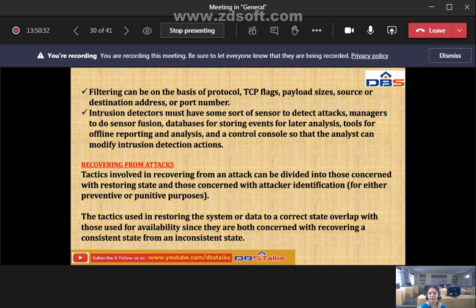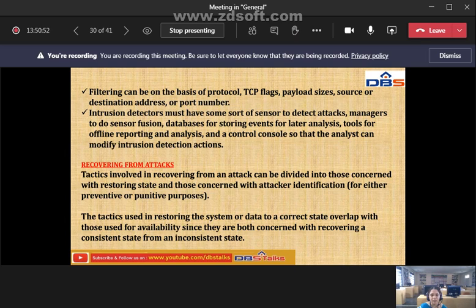The tactics used for restoring the system: the architect uses some design decisions to restore the system or data to a correct state.